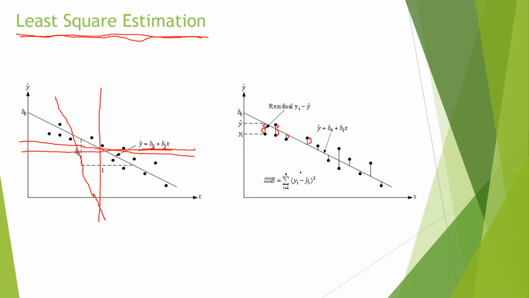We want to see which regression line gives us the smallest squared difference. Does that make sense to you? So this is how we estimate the regression line. We try to minimize the difference between each data point and the regression line, and this is why we name this method the least square estimation.